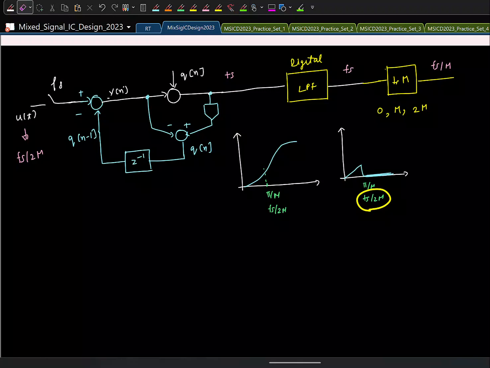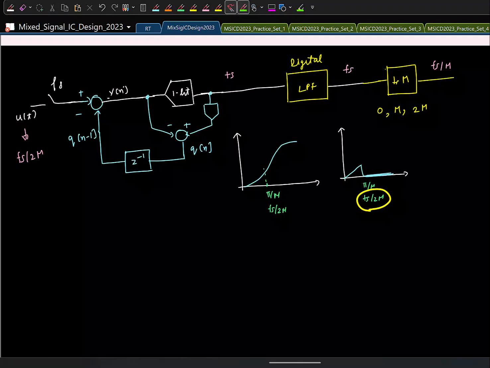So what you can do, in practice you often do this. This is an ADC, remember, so I'll mark it like an ADC. This can be 4-bit. It can actually be 1 bit. The simplest thing you can do is 1 bit. And I can choose a large enough value of m so that within the signal bandwidth, the quantization noise power is small, and that gives an SQNR corresponding to 16 bits also.